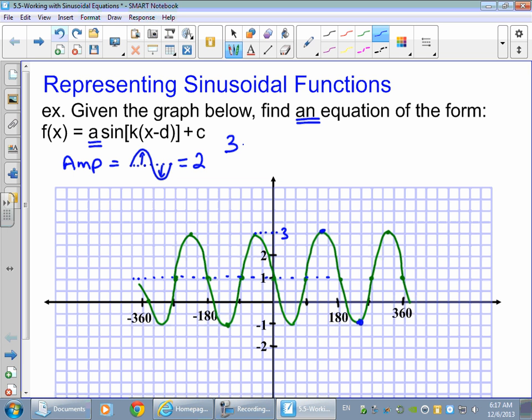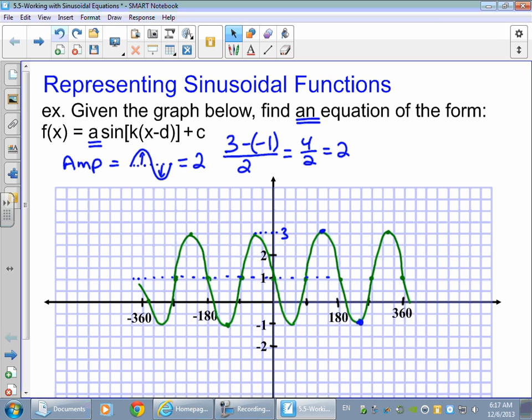So the distance between two values is the subtraction of those two values divided by 2, because I want only half of it to be the amplitude, and again, +2. And you can just count it out, right? From 3 down to -1 is a distance of 4. Halfway then is the distance of 2. So there are a couple of different perspectives on how to get the amplitude, but something there is going to get me the amplitude I need.